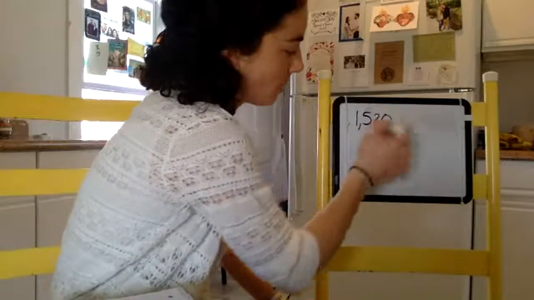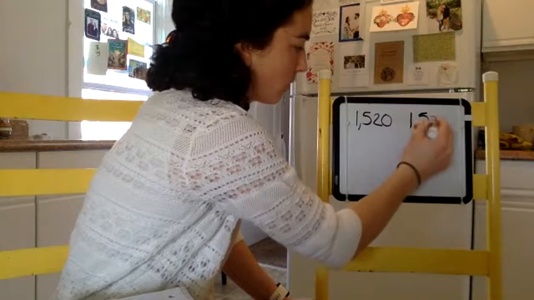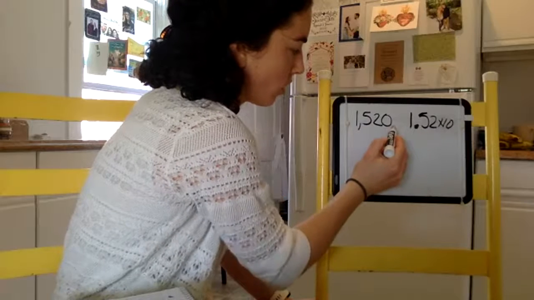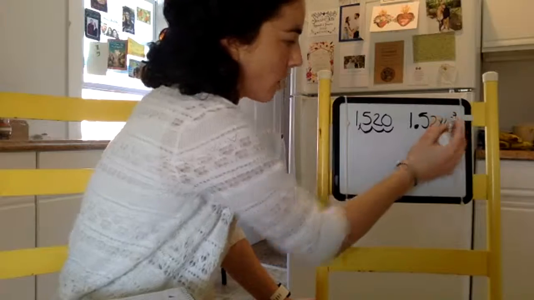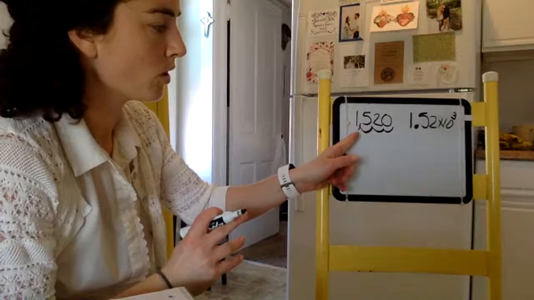I'm not going to show the math because your question is referring to the exponent. So it's going to be 1.52 times 10 to the, and we moved the decimal 1, 2, 3. It's going to be to the positive third because the number was bigger than 1 to start with.